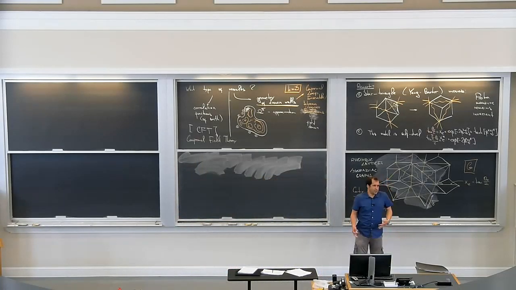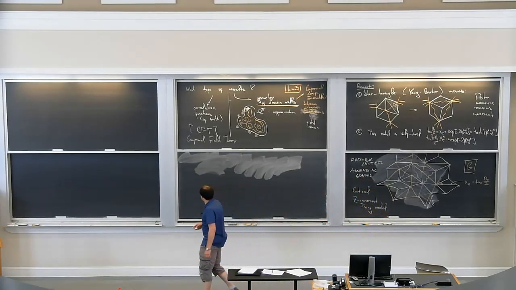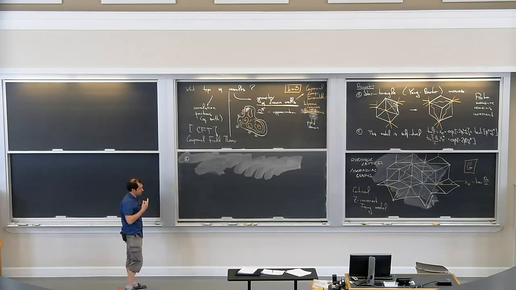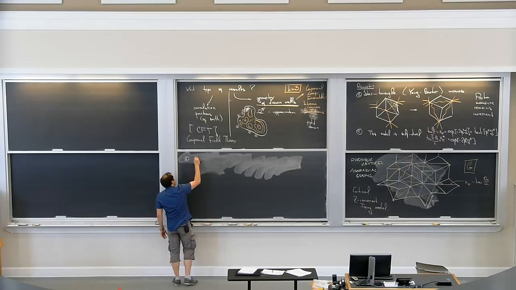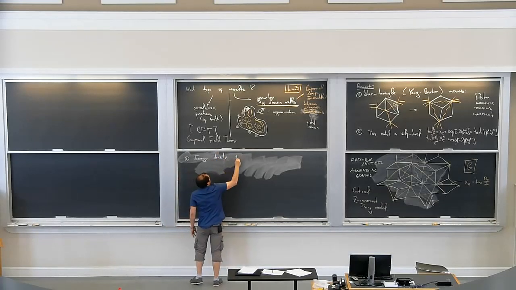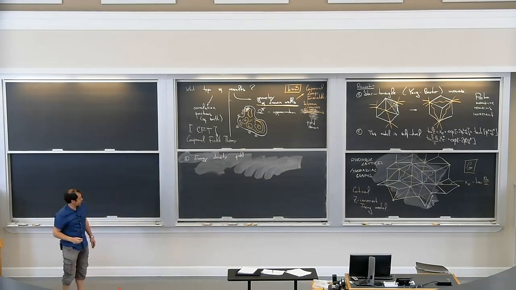So, I need some object, correlations of which I'm considering. And I'm going to speak about 2 objects right now. The first is what is called the energy density. What is the precise definition?